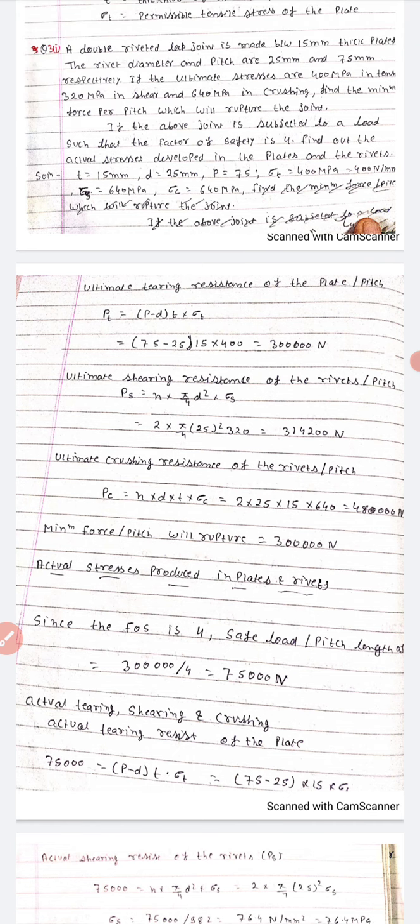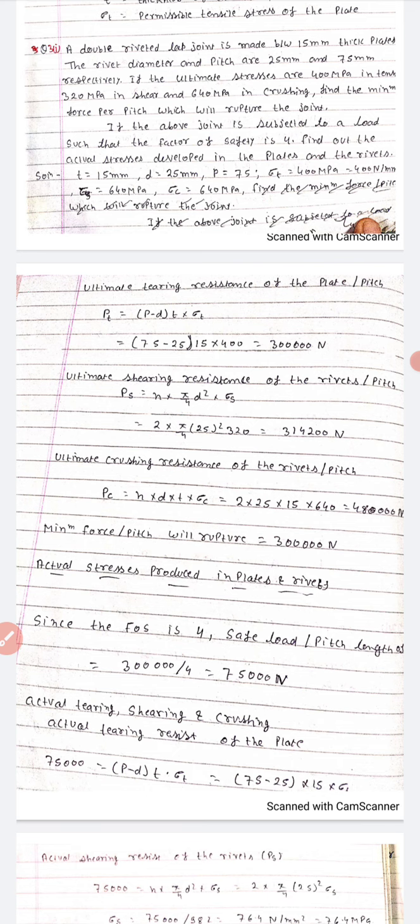One more thing, according to Indian Boiler Regulation, the shearing resistance will be 1.85 multiplied by pi by 4 d square into tau s.